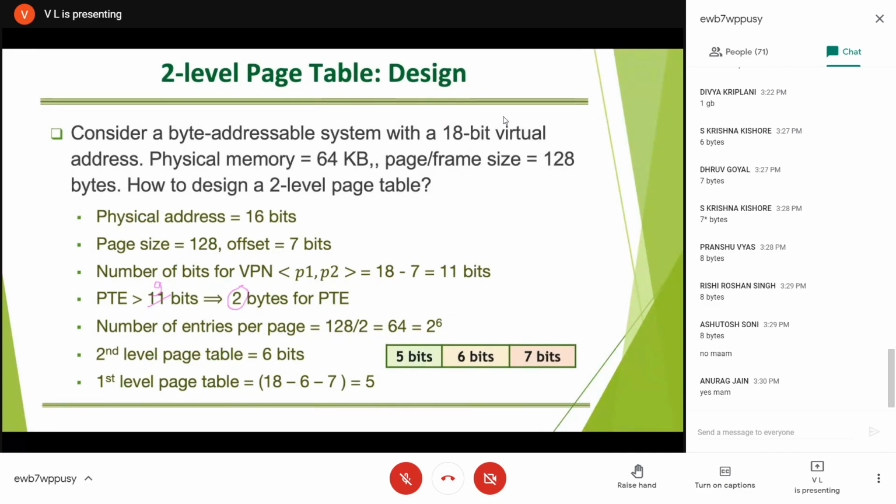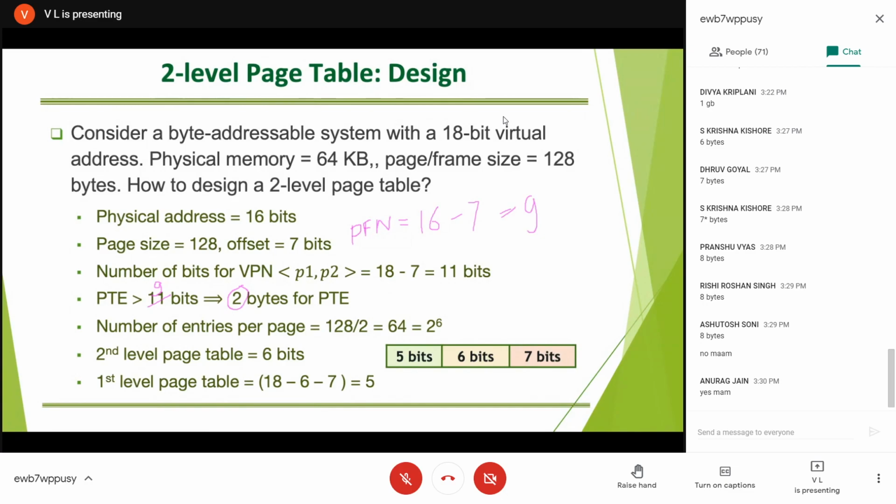The physical address consists of PFN plus offset. And if we take the offset out of the number of bits reserved for the physical address, the PFN, that is physical frame number, will require 9 bits.